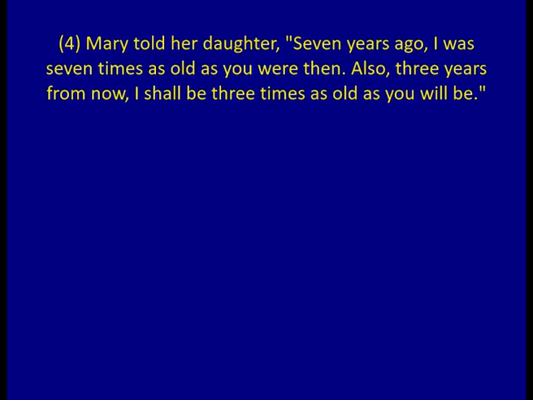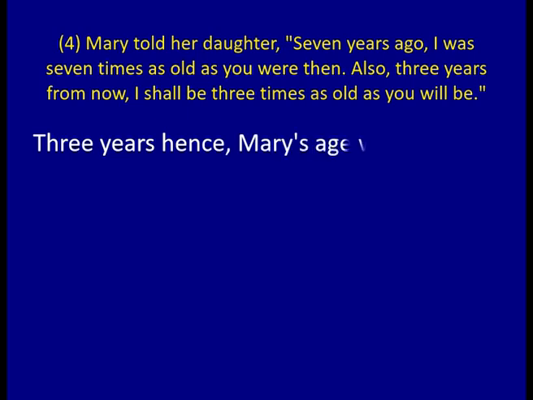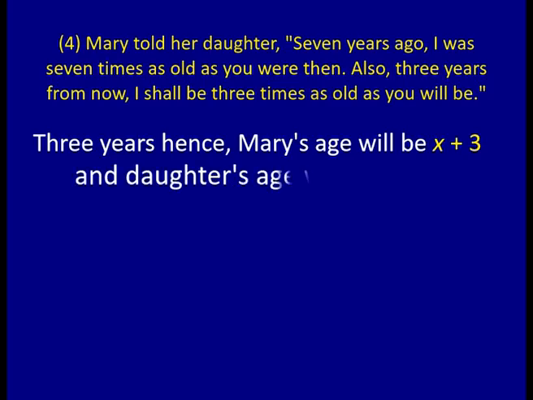Now we will discuss the second case. 3 years hence, Mary's age will be x plus 3 and daughter's age will be y plus 3. Think, let us assume your present age is 15.